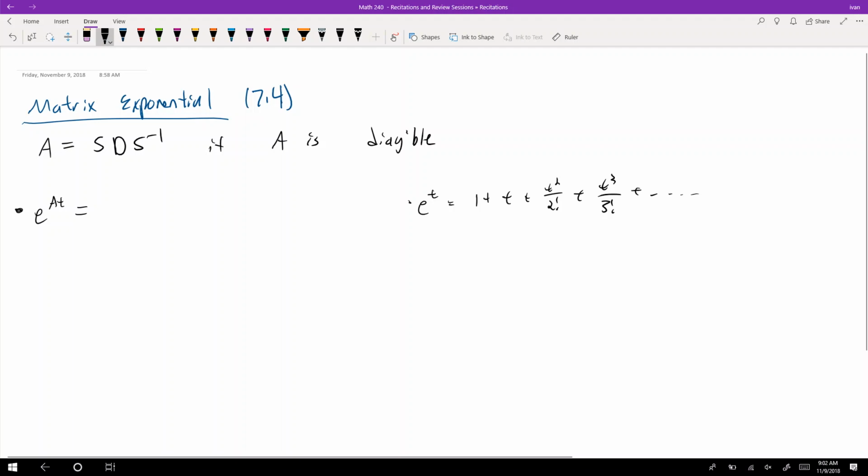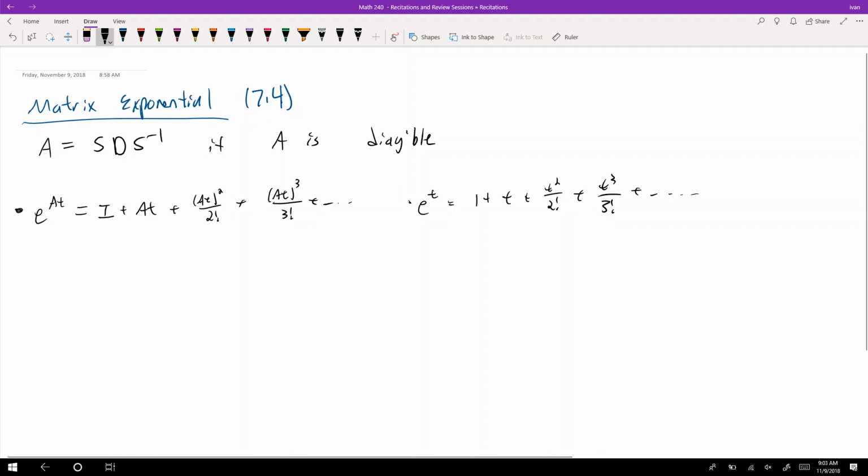Instead of getting 1, we would get the identity matrix, because you don't have a 1 in matrix form. You add At, and then everywhere you see a t it becomes At squared over 2 factorial, At cubed over 3 factorial, et cetera. So that's one way we could calculate the matrix exponential, e to the At.